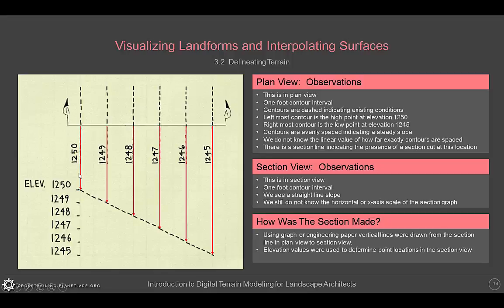This line comes all the way down and I look for 1250 and I see it's there. I do the same thing for 1249, I see it's here, for 1248, 47, 46, etc. What you're going to end up with is a series of points, and then you connect these points together to create your section cut. This is how I know what this line looks like.